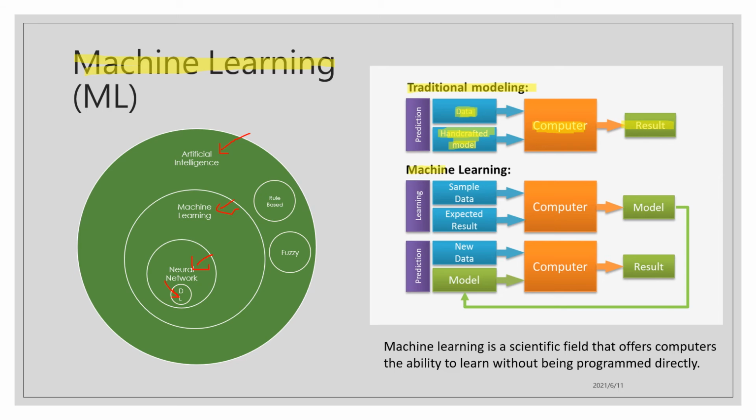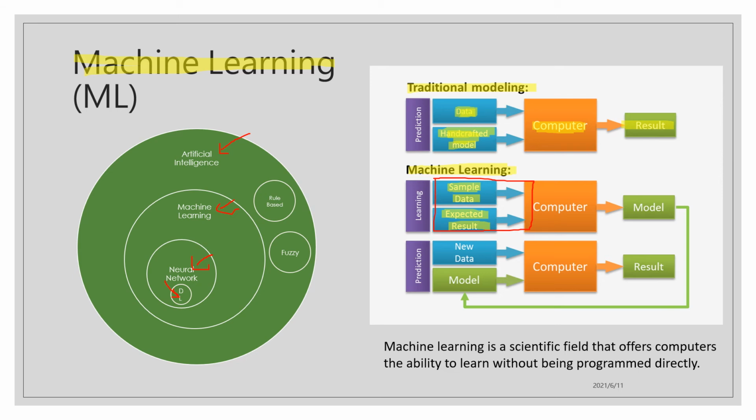The machine learning approach is quite different. We put in the sample data, and we also put in the expected result. That means this is the set of data that we have collected.